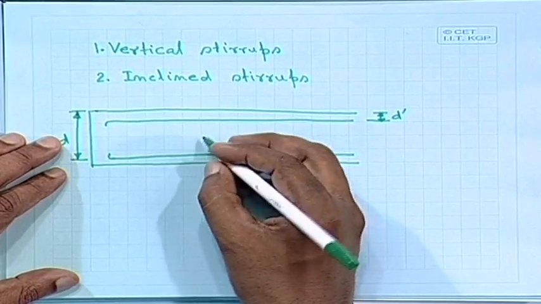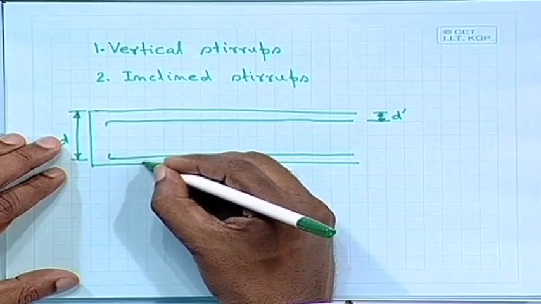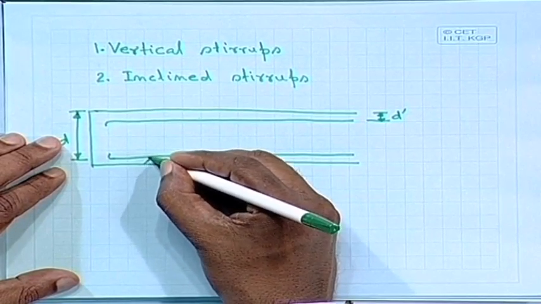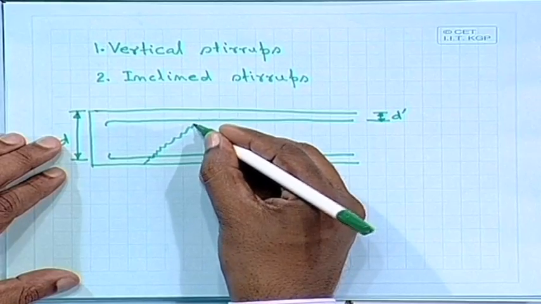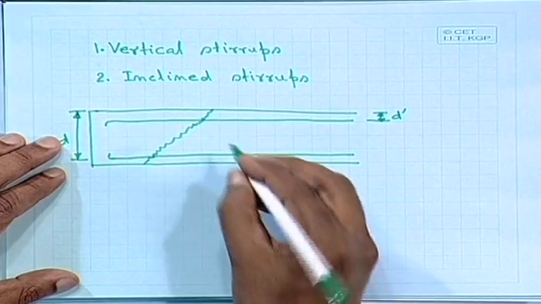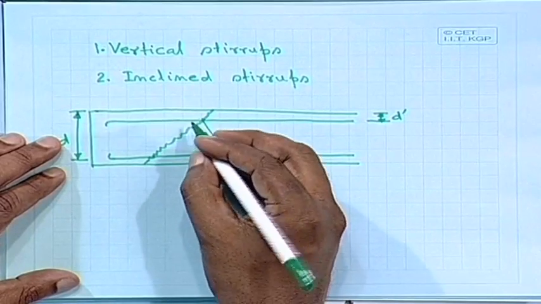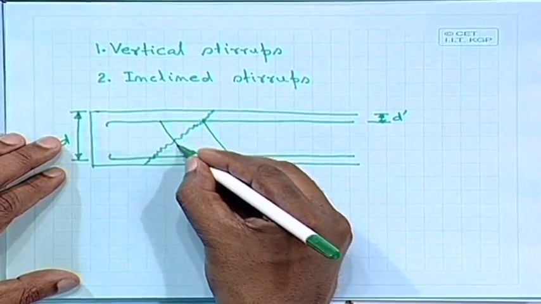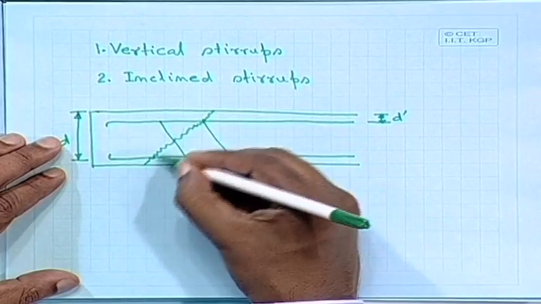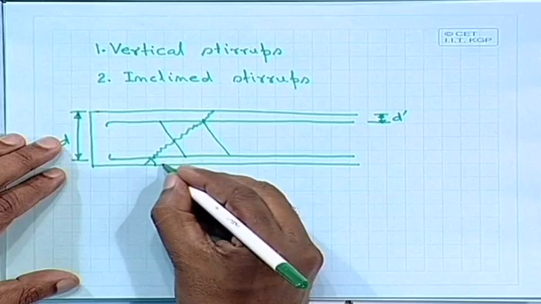We can have, say, a crack, an inclined one, say at an angle beta.